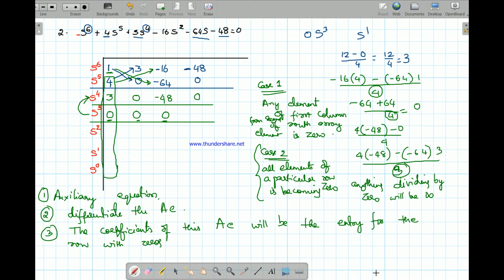So the coefficients of the differentiated auxiliary equation will be the new entry, because you are replacing the zeros with these coefficients.